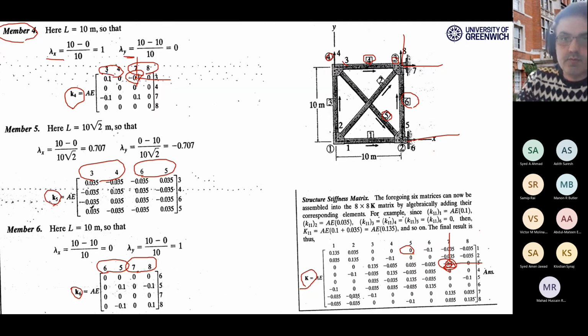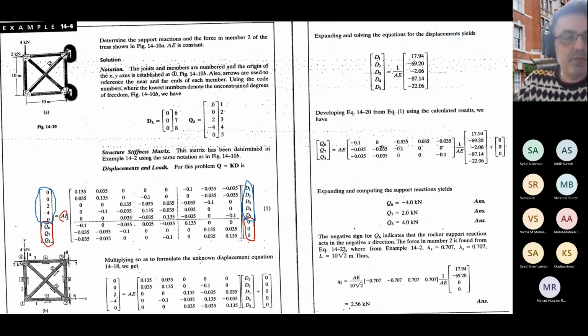Yes, node number 4, which are, as you see, 4 kilonewton and 2 kilonewton. So remember that this is the X coordinate system and this is the Y coordinate system.